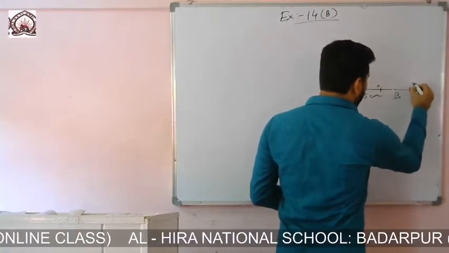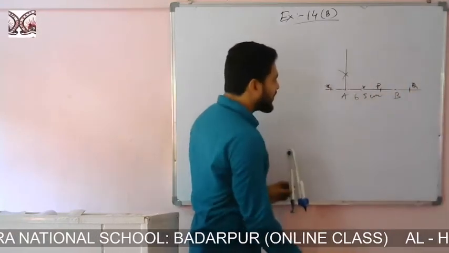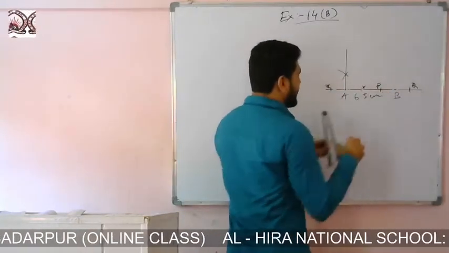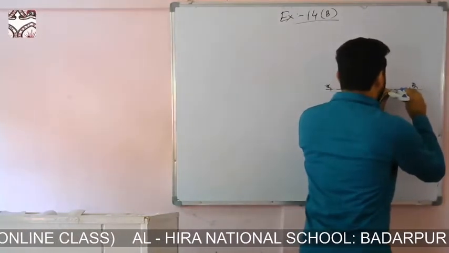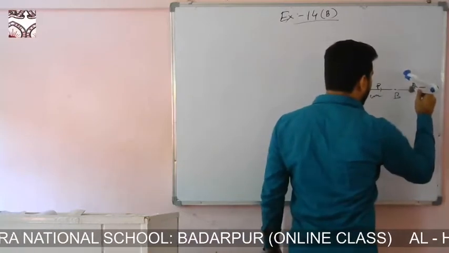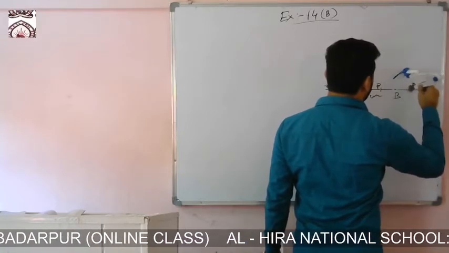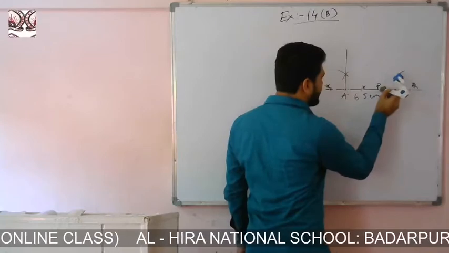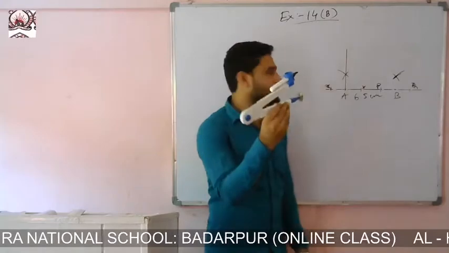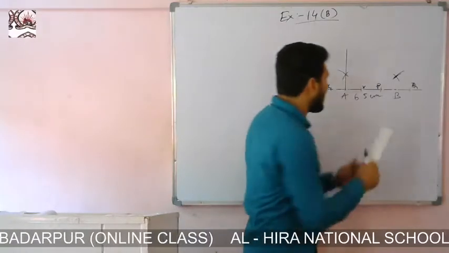Mark them as P and Q. Now take more than half of the distance PQ. Now place your compass here and draw an arc like this, and from Q also draw an arc like this. I cannot draw this accurately. You draw with your compass, it will come out accurate. Now you join.